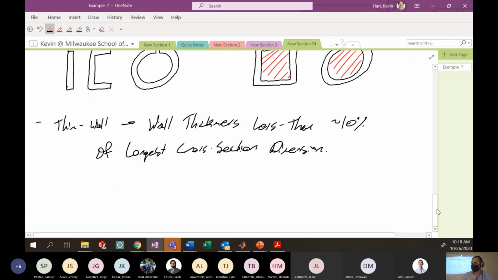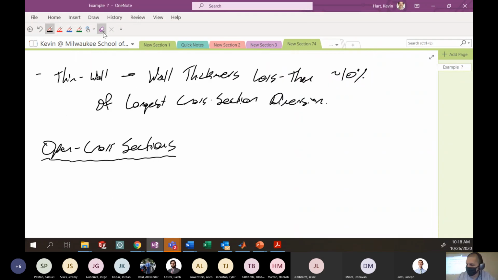Okay, so let's first start with open cross sections. Sorry about that, it should be open cross sections.